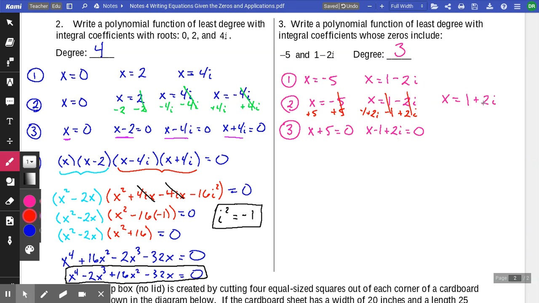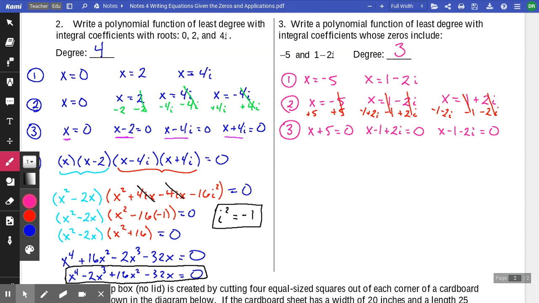And this last equation, that's a positive 1, so we subtract to cancel that. This is a positive 2i, so we subtract to cancel that. Cancel and cancel. And if we subtract those on the right side, we subtract those on the left side, which gives us x minus 1 minus 2i equals 0.